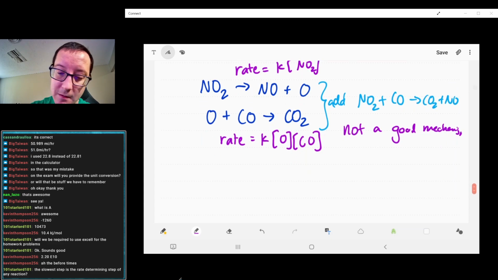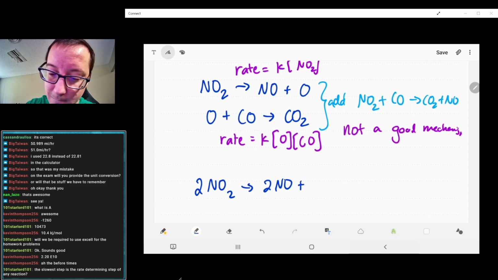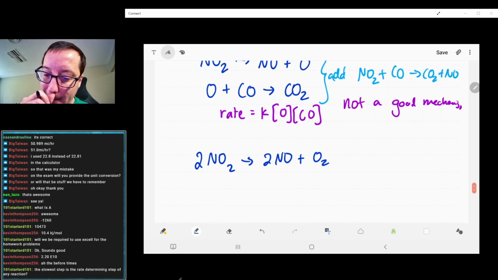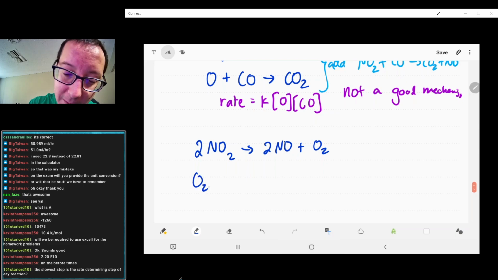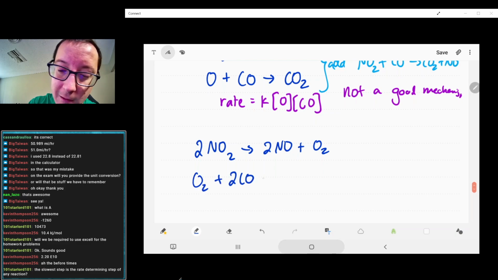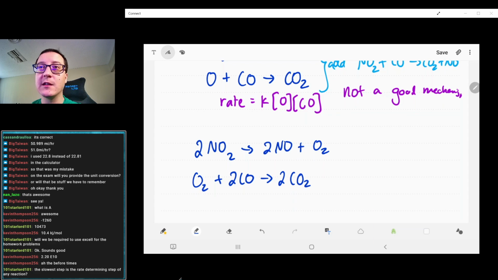So let's think of another one. How about if we do it this way? That might work. And then if we take these and put them together, we get 2 carbon dioxides.